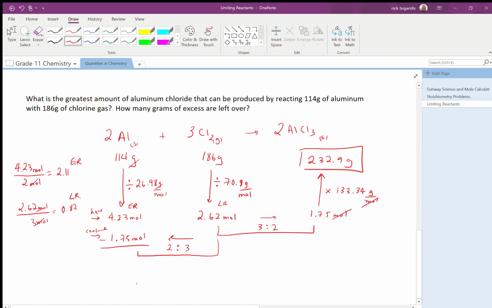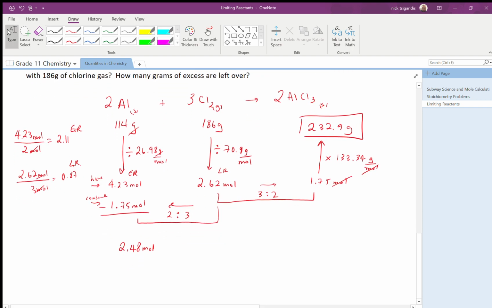If I take the difference between the two, I'm going to be left with 2.48 moles of aluminum. And of course, that 2.48 moles of excess is the stuff left over after the reaction happens. I can multiply it by the molar mass at 26.98 grams per mole. And that leaves me with 67 grams. Yes, the correct answer is 67.00 grams of excess reagent.